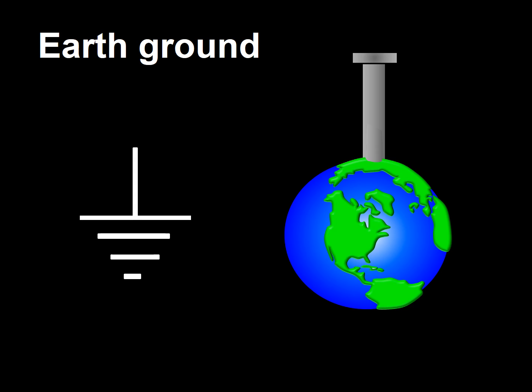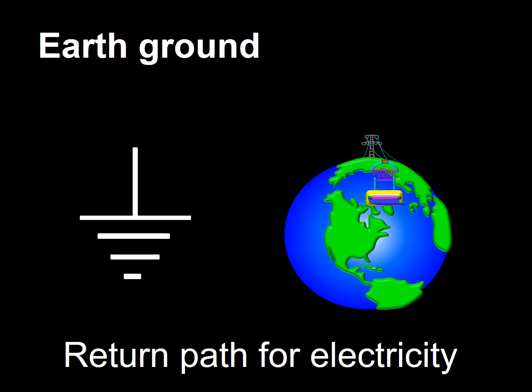This is usually achieved by connecting a wire designated as ground to the water pipe system of a building. Earth grounding serves 2 purposes. The first is as a return path for electricity. I will show this quality of electricity in the following frames.